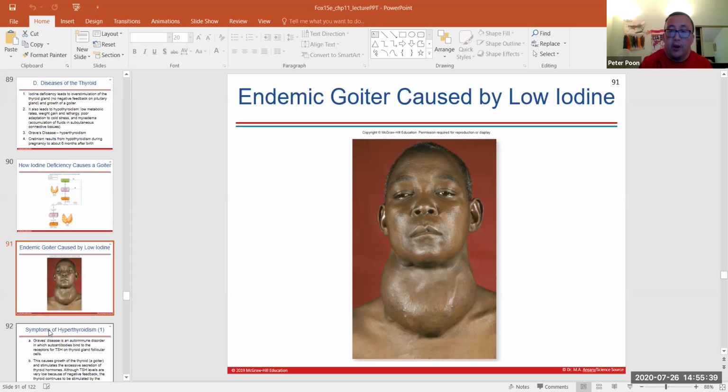Goiters are caused by low iodine levels. Iodine is found in sea water, so anything you get out of the sea will have sufficient levels of iodine.